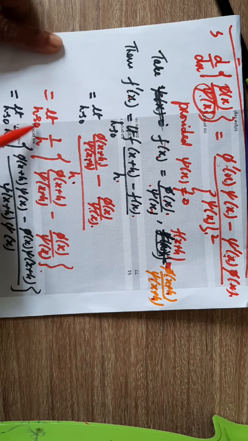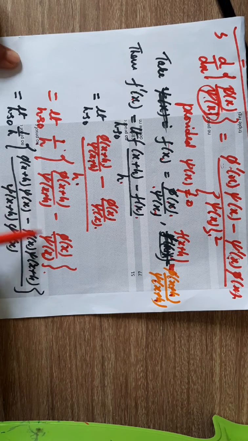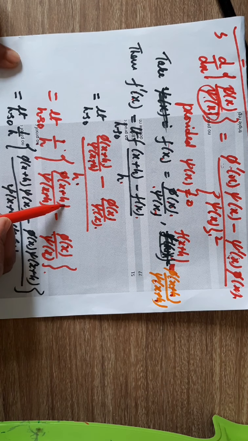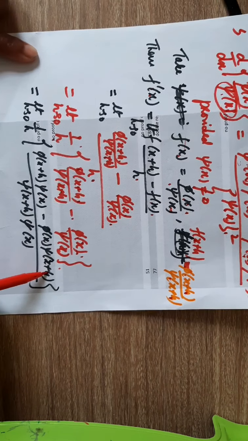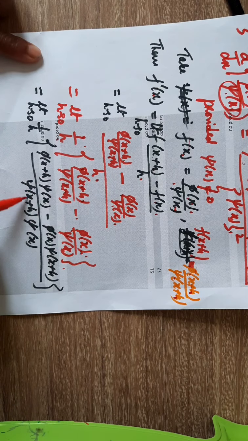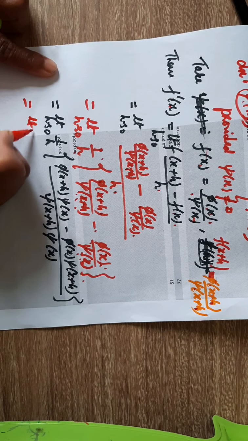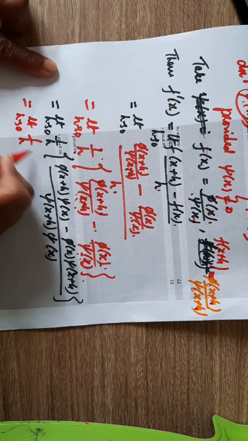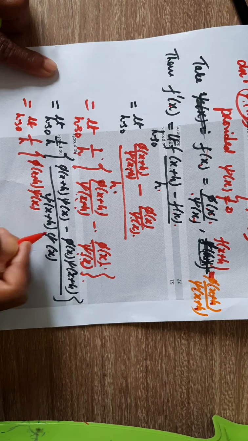So it is limit h tends to 0, 1 by h into this one. Take the LCM. It will be psi of x into phi of x plus h minus phi of x into psi of x plus h. The numerator will be this one now, divided by the denominator, which will be the product of these two. So here what you need to do is add this term: phi of x plus h, psi of x will remain as it is.